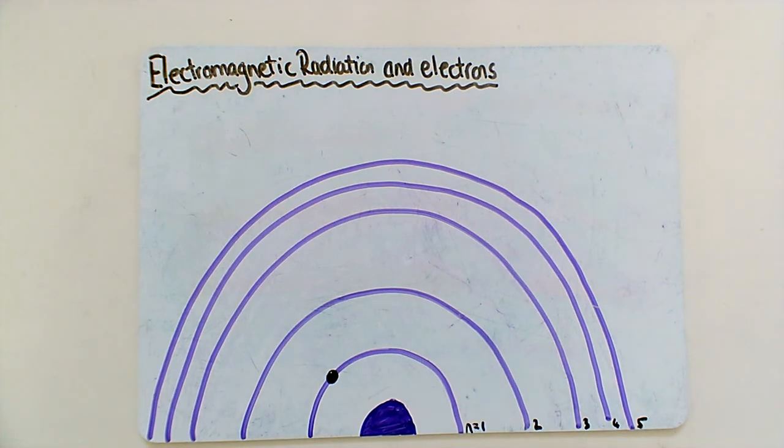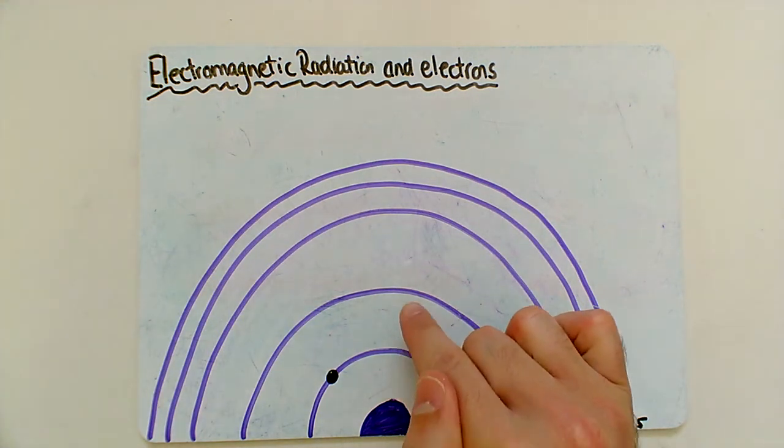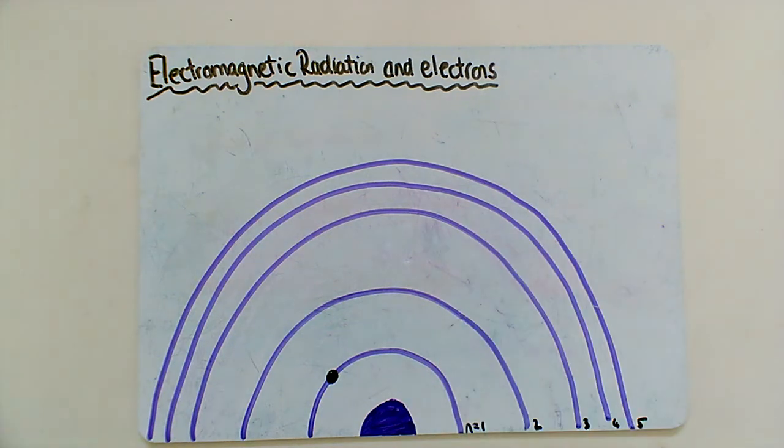Now, we know from the previous lesson on electromagnetic radiation that every wave with a particular wavelength or a particular frequency has an exact amount of energy. And these are energy levels. So in order for an electron to move between these energy levels, it must gain enough energy to get here.